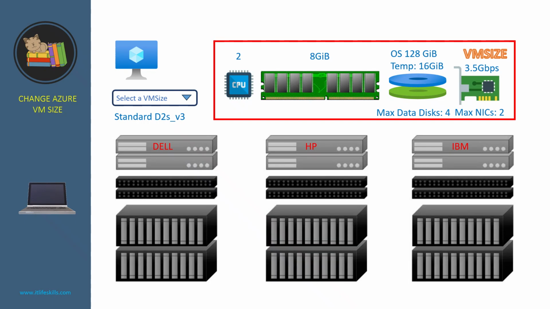For example, you can change it to the new size Standard F4s_v3 because this size is available in your Azure region, and the VM size changed from 2 CPU to 4 CPU to reflect the new size Standard F4s_v3. Now, when you power on the VM, then the VM is provisioned on this cluster because this cluster supports the size Standard F4s_v3.